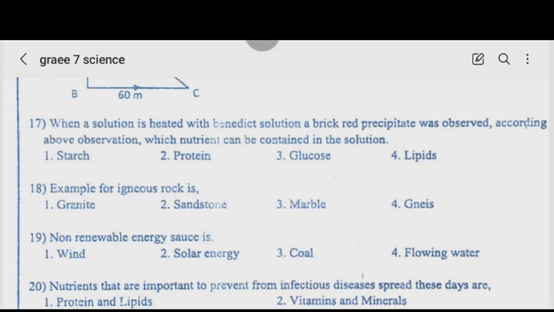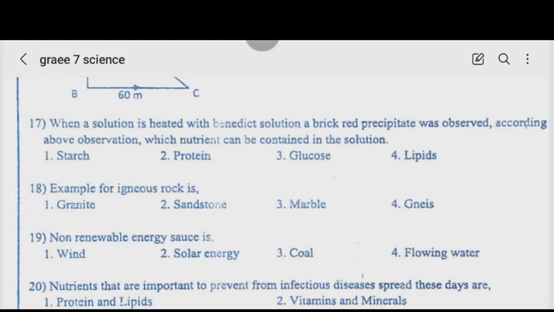So after days and weeks, these kinds of rocks will be produced. So what rock type can you take under igneous rocks? You can take granite and quartz. Granite and quartz are the answers for igneous rock. So in the given answers, you can take answer number 1 as the example for igneous rock.